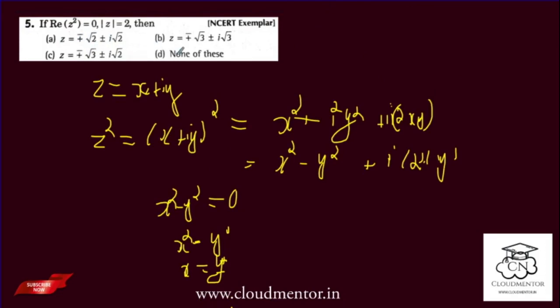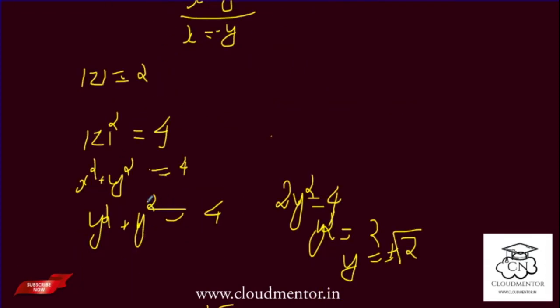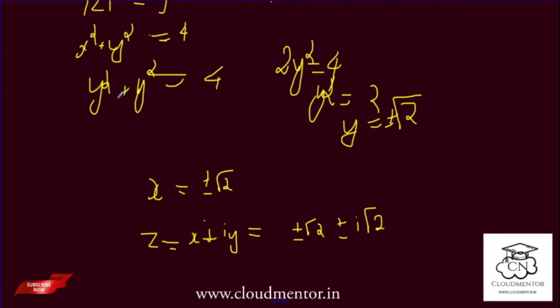This minus or plus, we can also prove if we take x as minus y. Here we have used x as plus y, so we got this answer. If you use the other one, x equal to minus y, I can show that also.